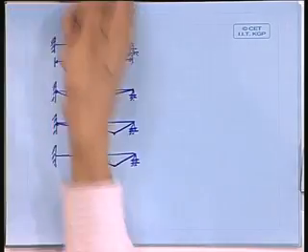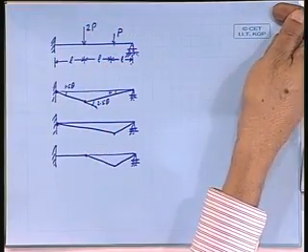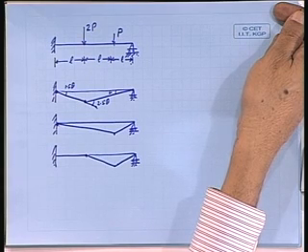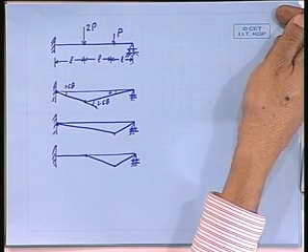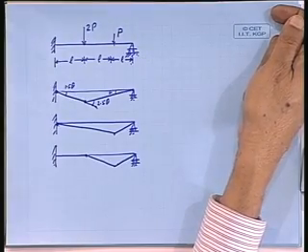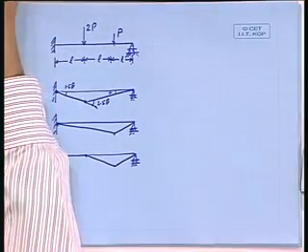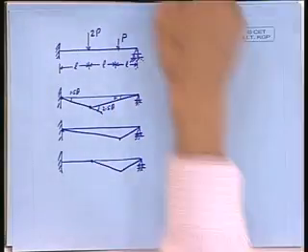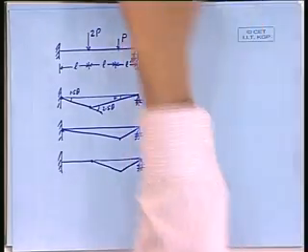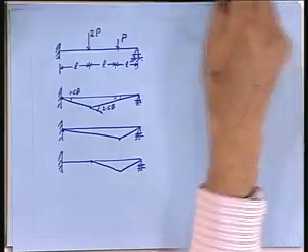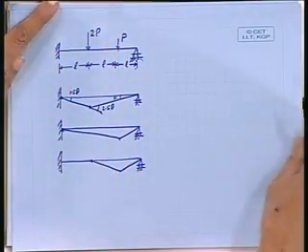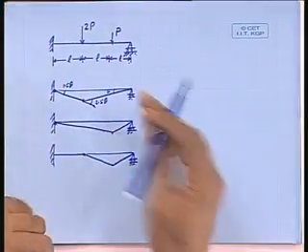A hinge is formed here, a hinge is formed here, and this is the physical hinge available. For failure, you require three hinges to be formed, so we are considering one at a time here. Is this okay?